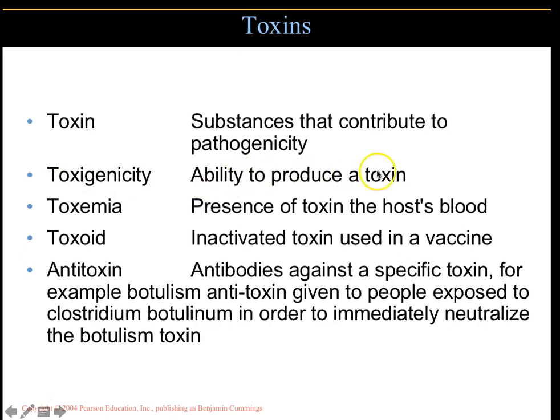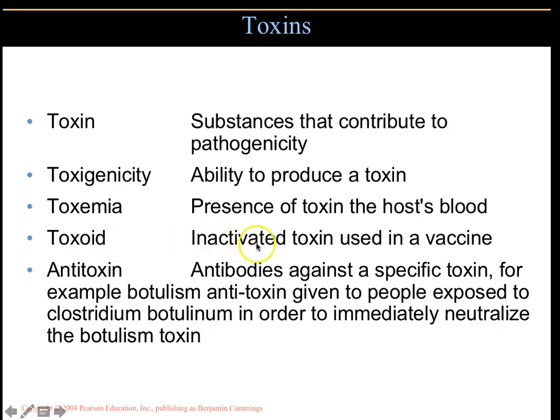Toxigenicity is the ability to produce the toxin. Toxemia is the presence of the toxins in the person's blood. And that's the important thing, because if it gets in the blood, it can be disseminated and become systemic in no time flat. A toxoid is our ability to address that.